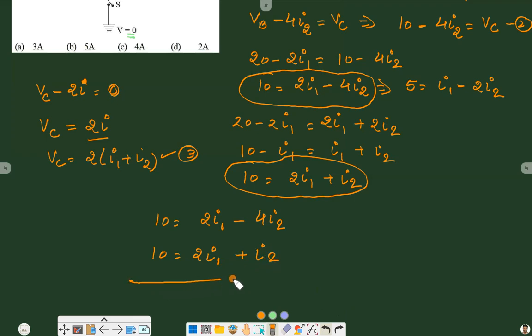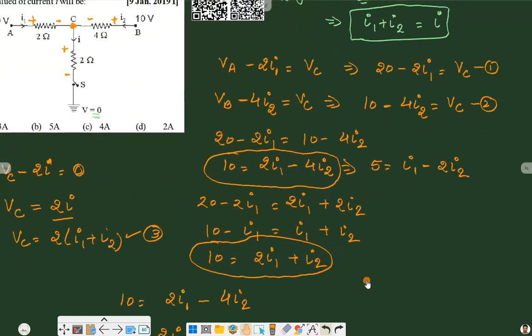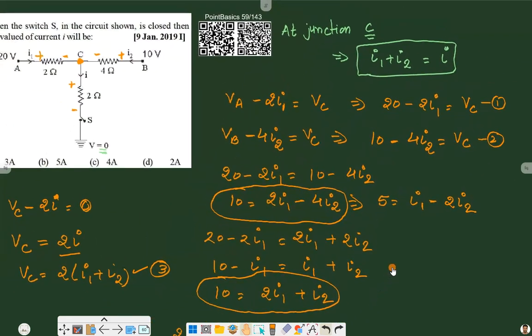Now we can subtract both of these equations, so minus, minus, minus, and from this 10 minus 10 is 0, I1 gets cancelled, 0 minus 5I2, and from this we can say that I2 is equal to 0.